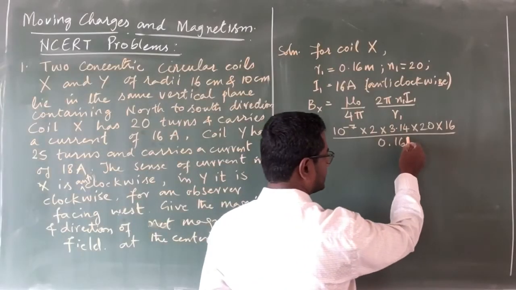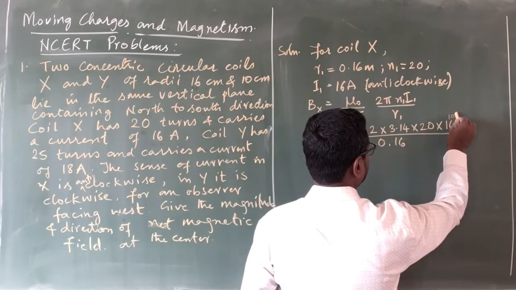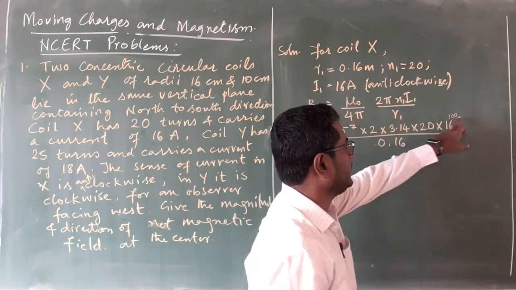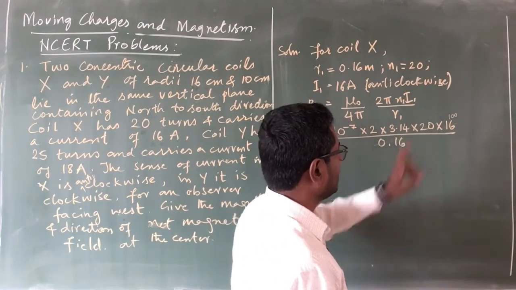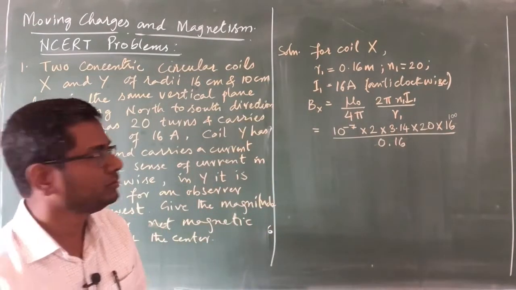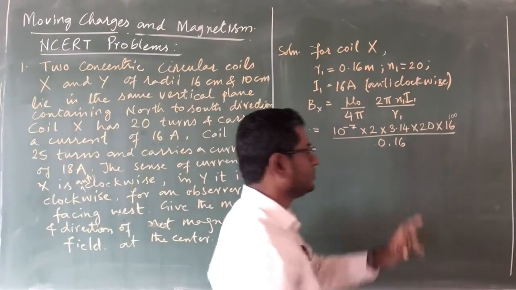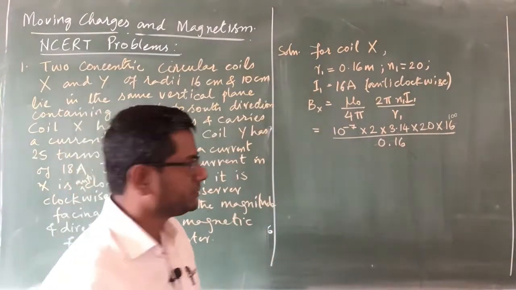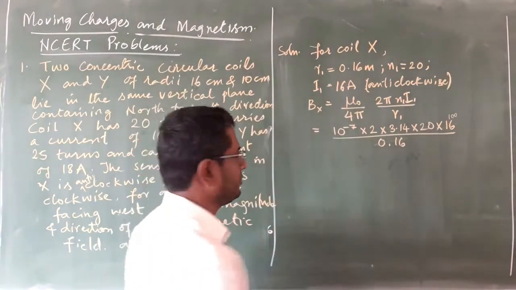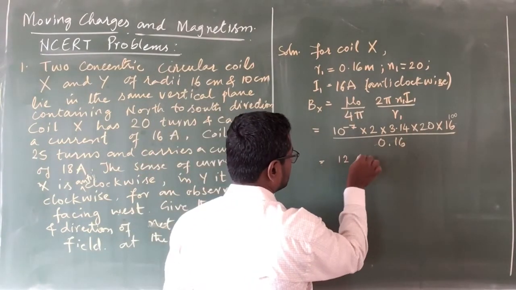So 16 divided by 0.16 becomes 100. Then 2 into 20 into 100, keeping pi as it is for now. If you want, we can write the value. 2 into 20 gives 40, dropping that 0, 2 into 2 is 4, and 4 into 3.14 gives 12.56.